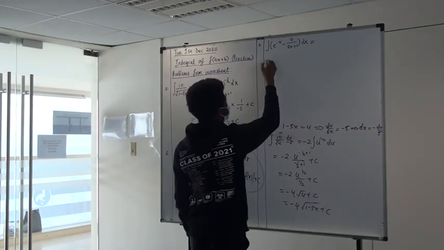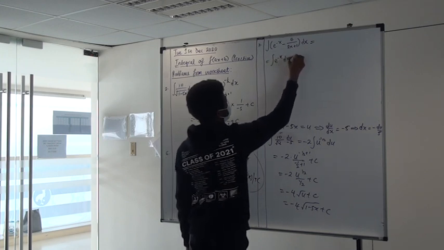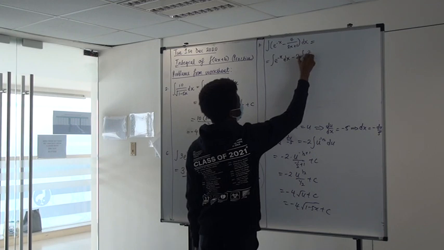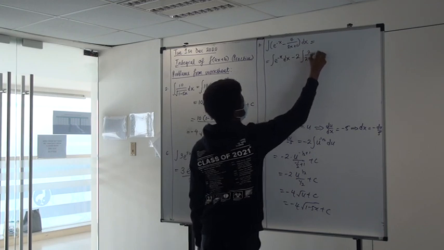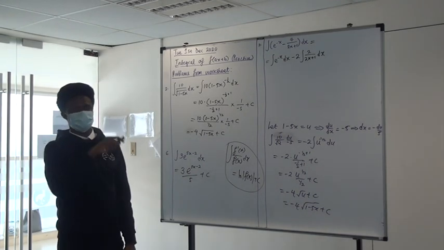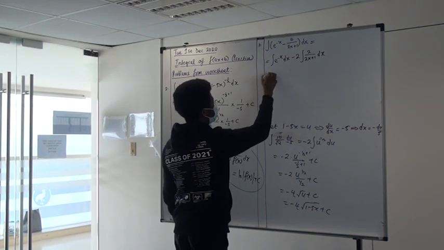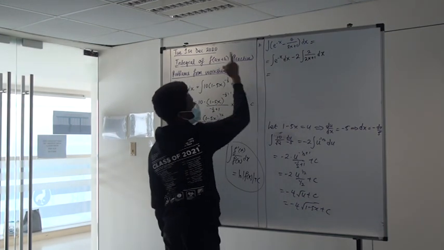So I will split it as follows. Can you see? Because I need a 2 there, which is the derivative of the denominator. Okay? So clearly, this is where you use this. You don't need it here.